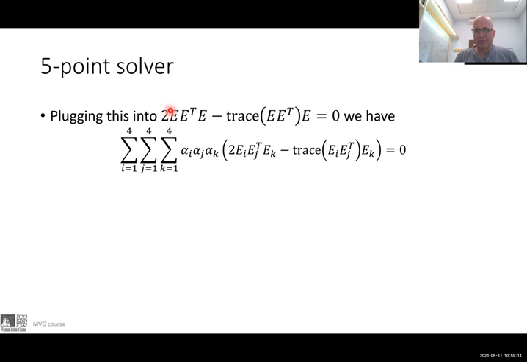So you get alpha 1 E1 times alpha 1 E1 times alpha 1 E1, alpha 1 E1 times alpha 2 E2 times alpha 1 E1, etc. You simply open these summations, these products, and you get long sums of triplets like this.